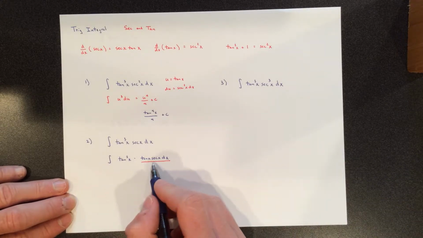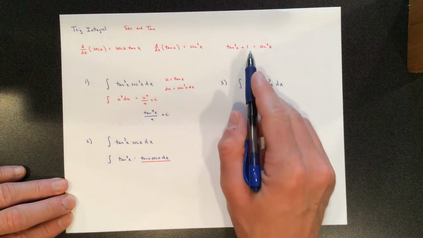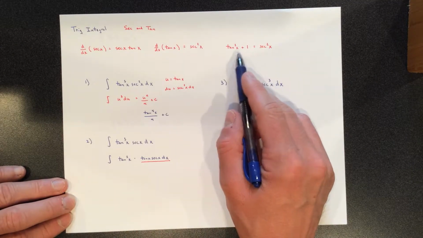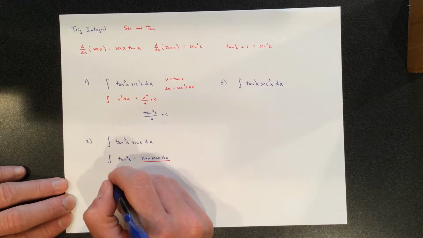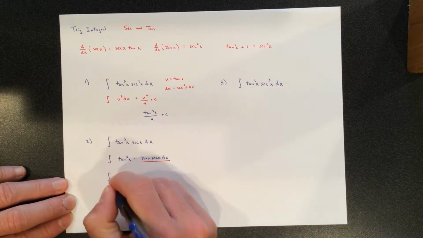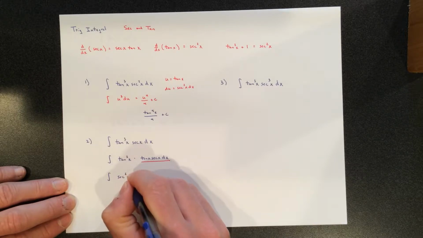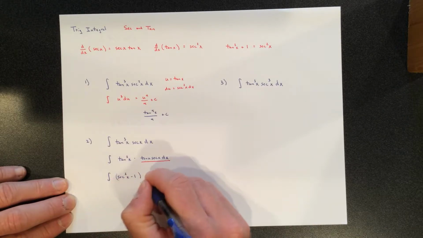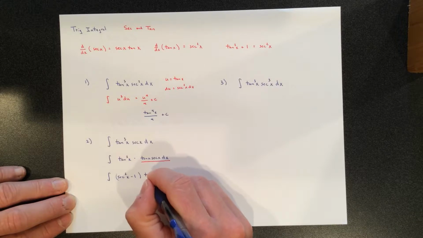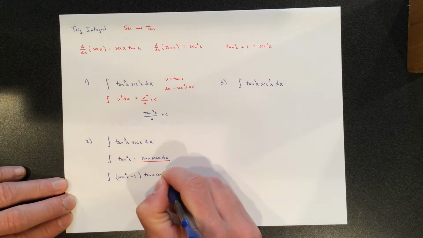Like, well, that's not the derivative of tangent, that's the derivative of secant. But I can use this to rewrite tangent squared. So this allows me to say that tangent squared is secant squared minus 1. And then over here is just tangent secant.